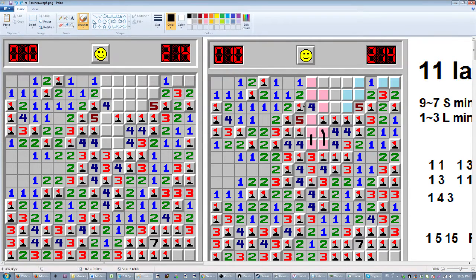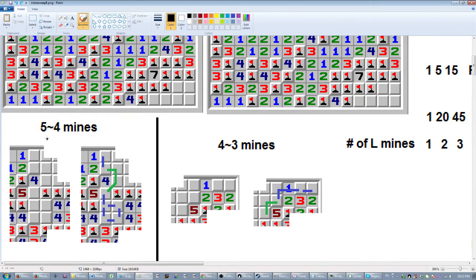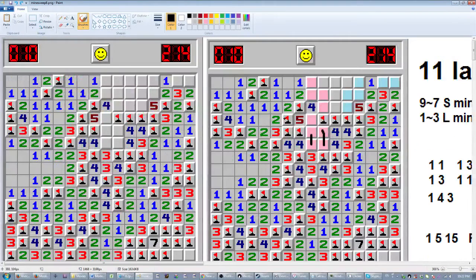We know where 2 of the mines are, so there are 2 mines left, and that's here. So we know 1, 2, 3, 4, and there might be a 5th one, or there might not be. I wrote this down here: there are 4 to 5 mines.